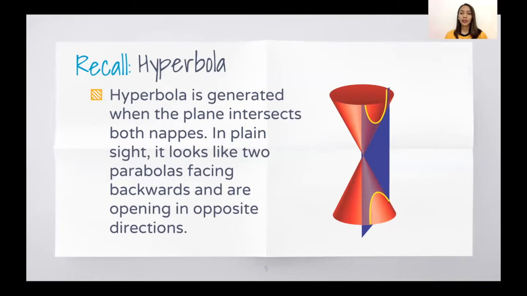Here's a sample figure of a hyperbola, where the plane intersects the two nappes. So in plain sight, if you just look at the figure, it looks like two parabolas facing opposite directions.